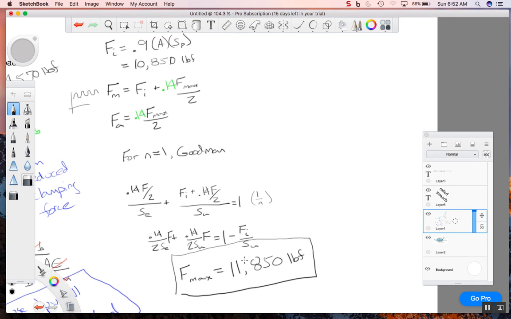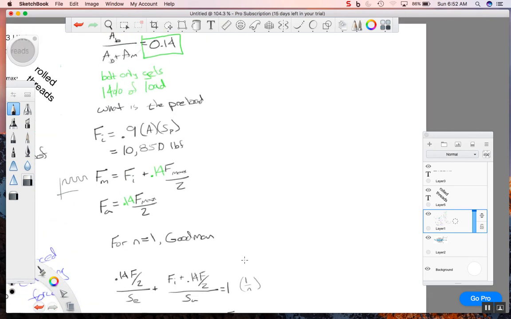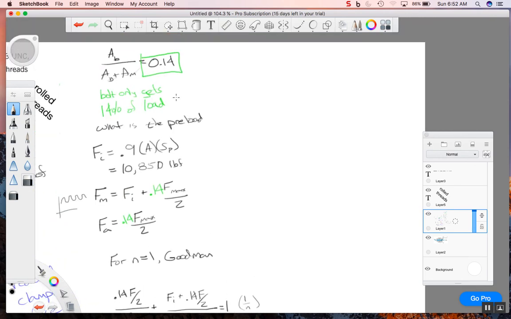So if I were to go up here and sketch this on a Goodman diagram, let's draw Goodman. I know my Goodman goes roughly from here down to here.